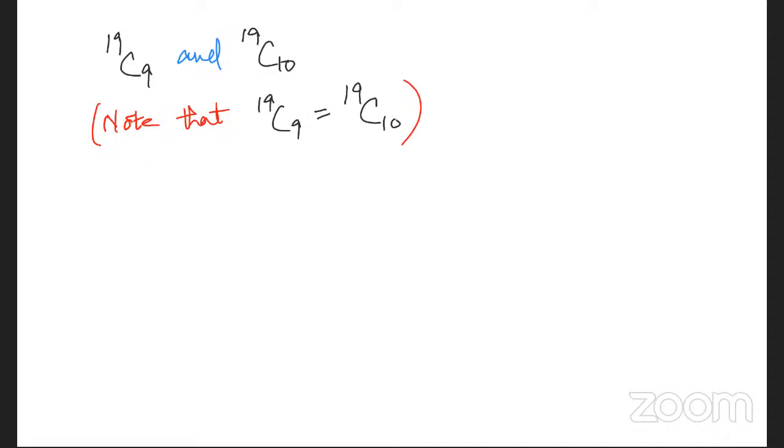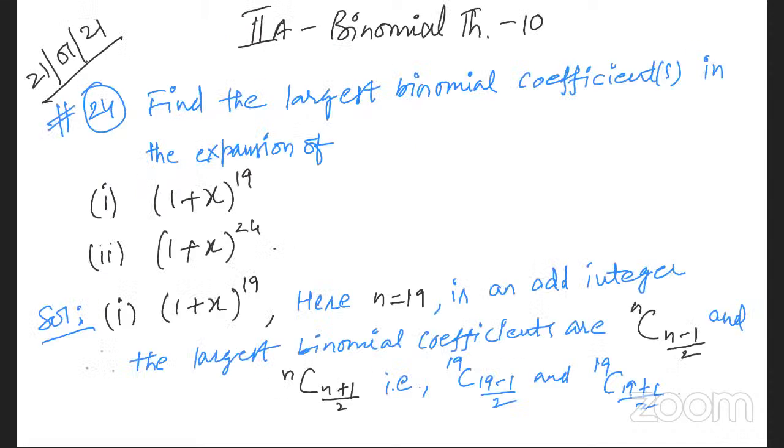We shall take the second bit. You have to find the largest binomial coefficient in the expansion of (1 plus x) whole power 24.